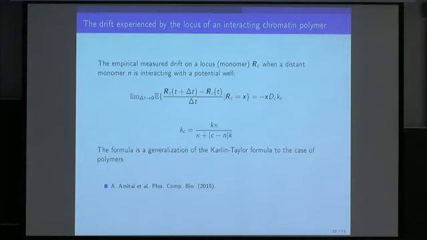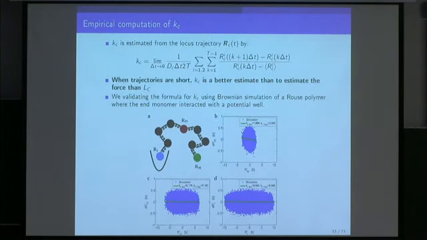And you see that for the case of a Rouse polymer, it is inversely dependent on the distance between the observed monomer and the interacting one along the chain, where kappa is the spring coefficient between two adjacent monomers, and k is the strength of the interacting potential.